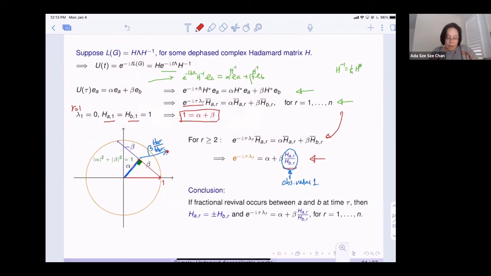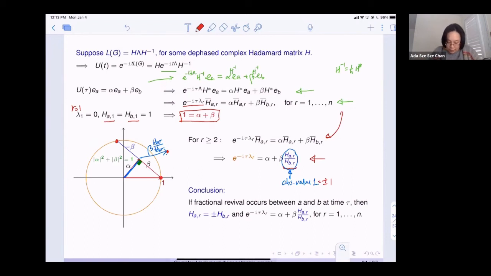And the only way I could have this point here to be on the unit circle is that this number is either plus 1 or minus 1. So either we're talking about alpha plus beta or alpha minus beta. That's the only way that I would have alpha plus beta times a unimodular complex number to be on the unit circle.